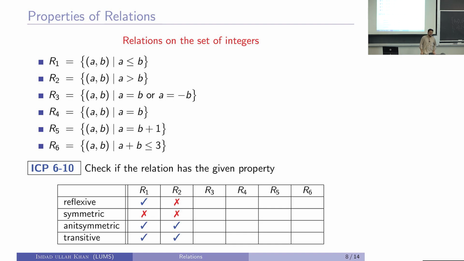Why is this relation R1 reflexive? For every A in Z, the integers, AA is part of R1.